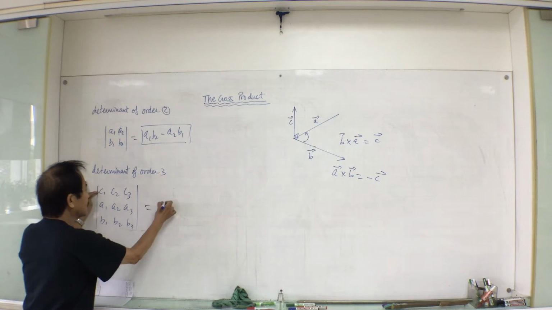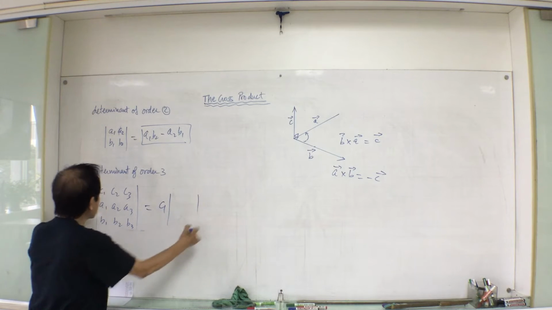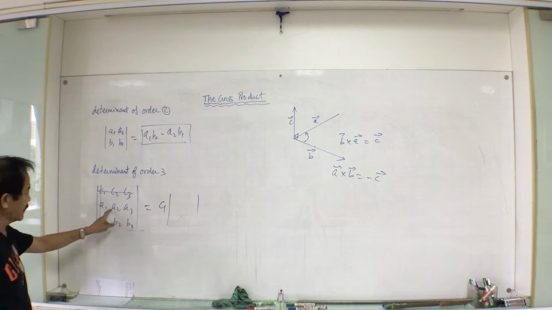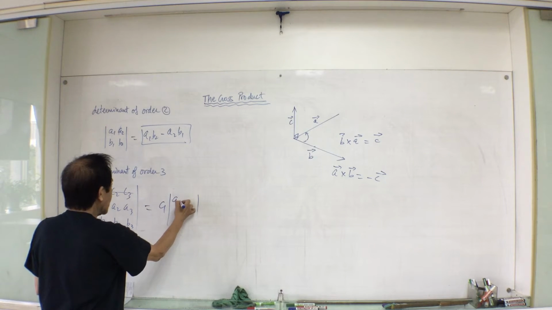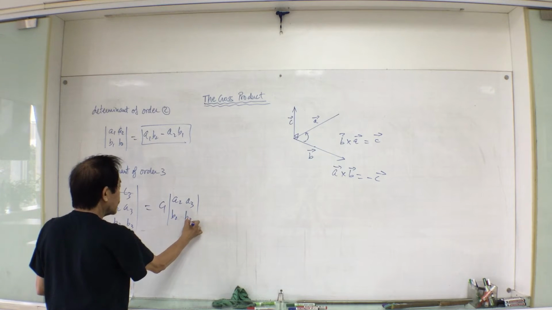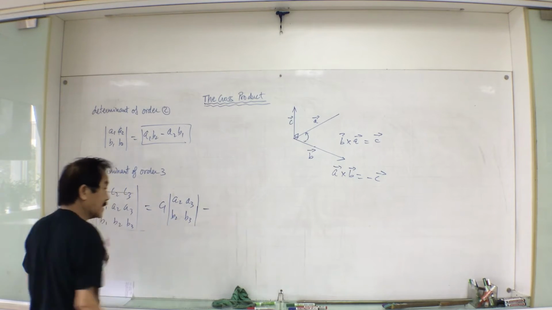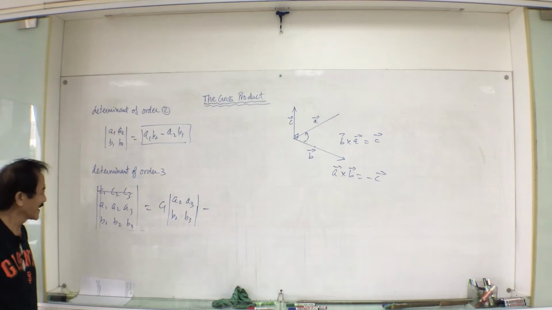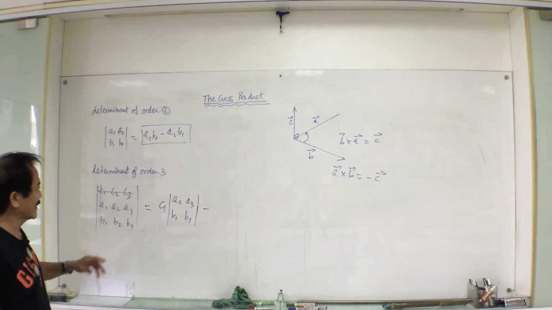I start with C1 first. Then I clean up its row and column, and the first determinant is A2, A3, B2, B3. Then the next one should be minus. Don't ask me why now, okay? It takes many hours, but let's play with this for a bit.